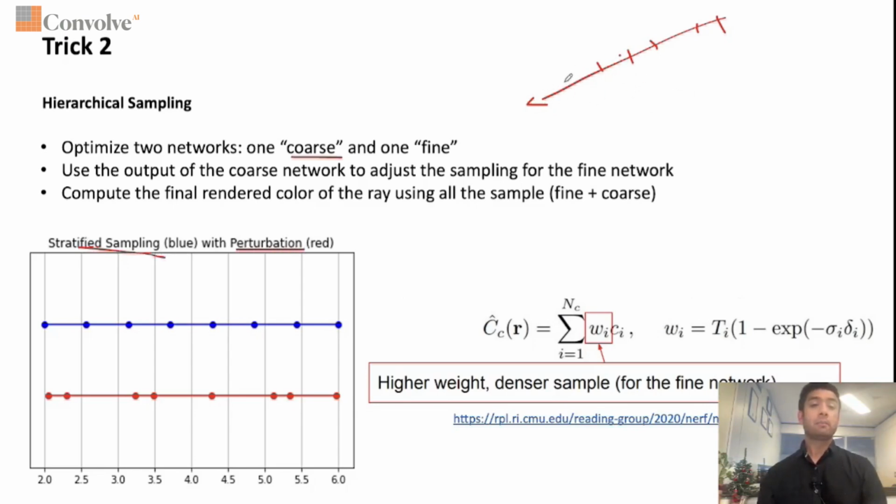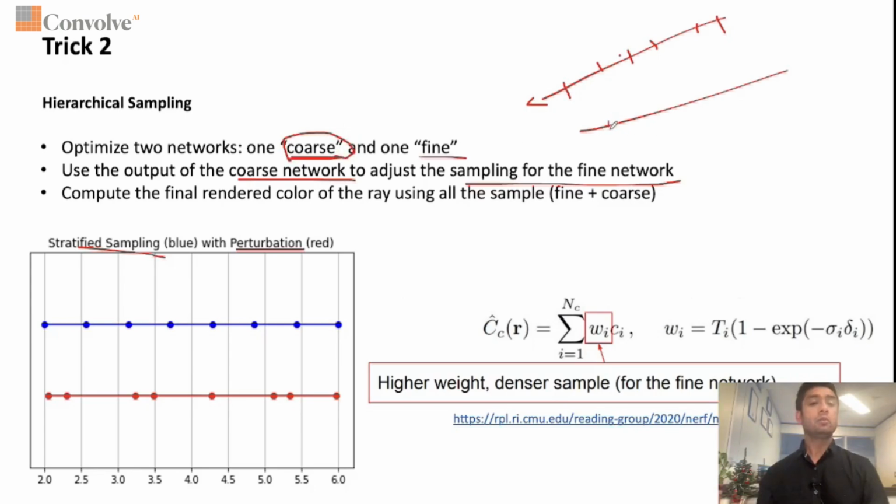Using that coarse sampling, you train a coarse network, and that learns some representation of the scene, and then you take the outputs from the coarse network to adjust the sampling of the fine network. So then there is another network that, instead of doing this kind of uniform based sampling, does a more informed sampling, and that information comes from training of this coarse model.